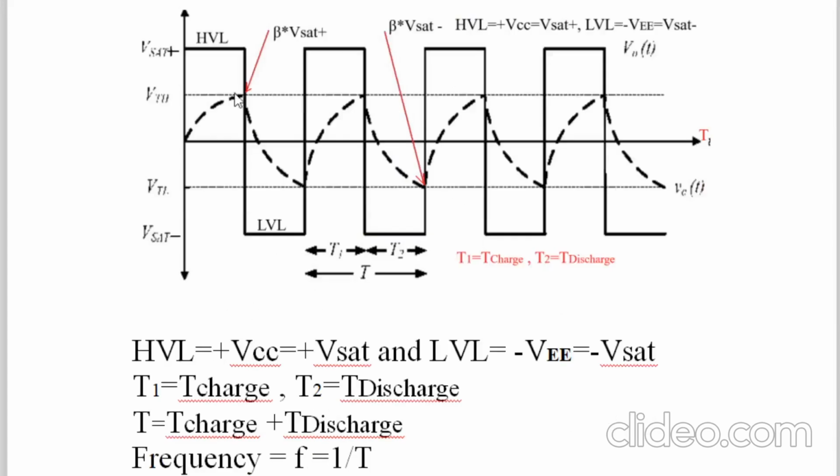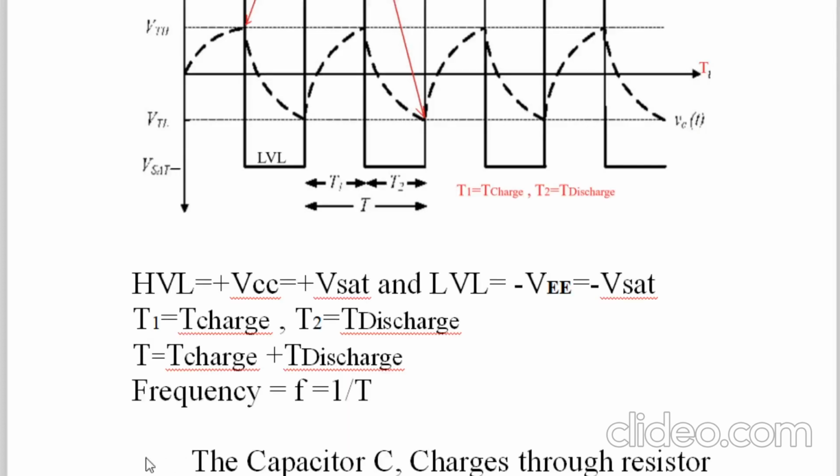So here, HVL equals +VCC, which is +VSAT, and LVL equals -VSAT. The total time T is positive edge to positive edge, or negative edge to negative edge. So total time T is equal to T charge plus T discharge, and in this way frequency F is equal to 1 by T.